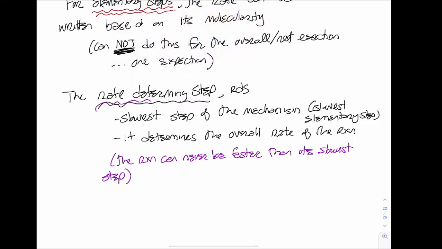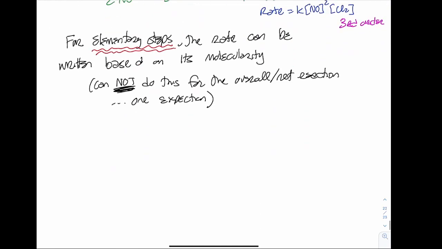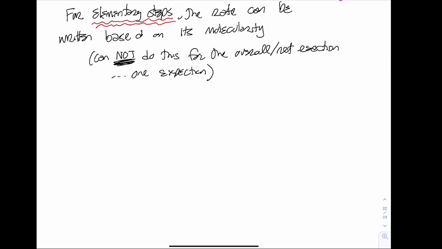So, rate determining step. Other terms before we get into an entire mechanism: intermediates. An intermediate is going to be a molecule or an atom. It's going to be a species that we actually produce in one step and then consume in a subsequent step.